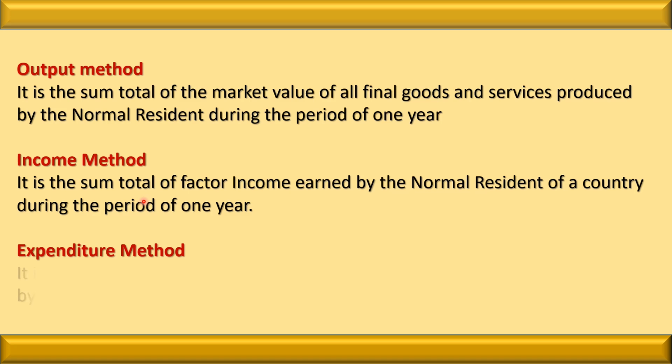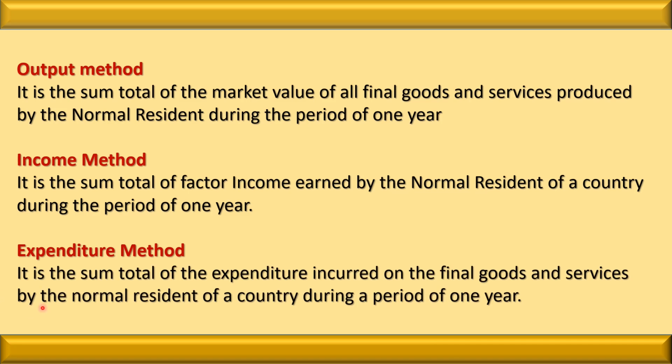According to the expenditure method, national income is the sum total of the expenditure incurred on the final goods and services by the normal resident of a country during a period of 1 year. So under the output method, national income is calculated on the basis of market value of final goods and services.